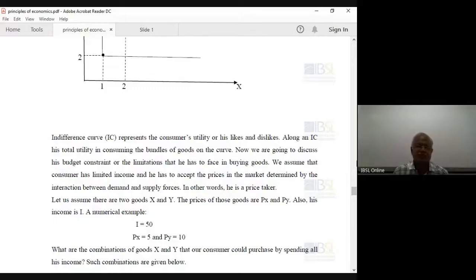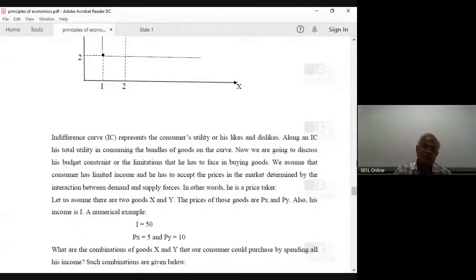Let us assume that there are two goods, X and Y. The prices of these goods are PX and PY, and his income is I. A numerical example: let's assume income is 50, the price of X is 5, and PY is 10.